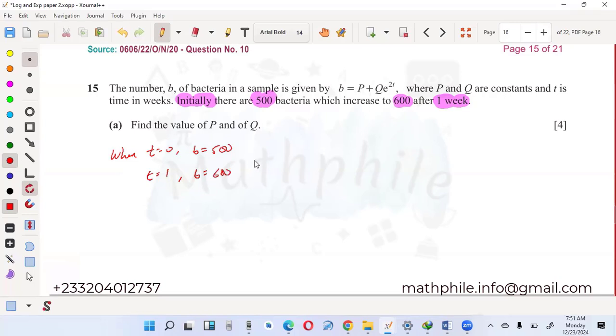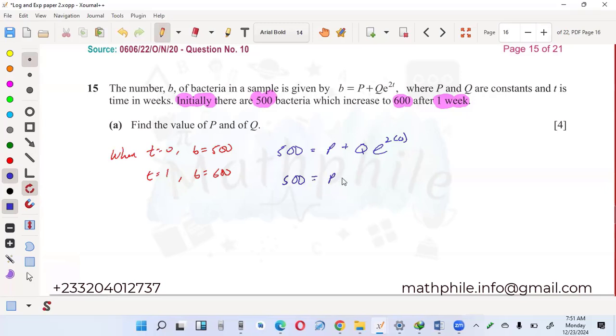Is that okay? Yes. So let's work with the first one. When t equals 0, b equals 500. So 500 is equal to p plus q e raised to the power 2 of 0. But you should have noticed this equation straight away, because initial.